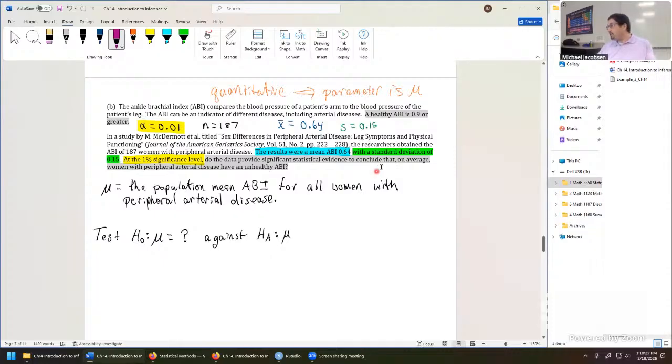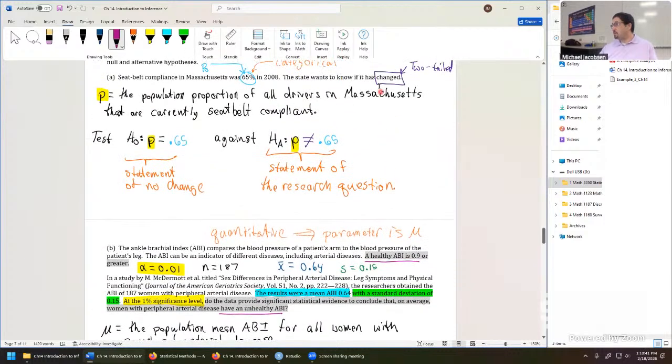Notice that they are asking the question, do we have evidence to conclude that on average, women with peripheral arterial disease have an unhealthy ABI? We can wrap that back to the statement that a healthy ABI is 0.9 or greater, so we have a direction. The last problem was asking if the value has changed, but there's a specific direction this time.